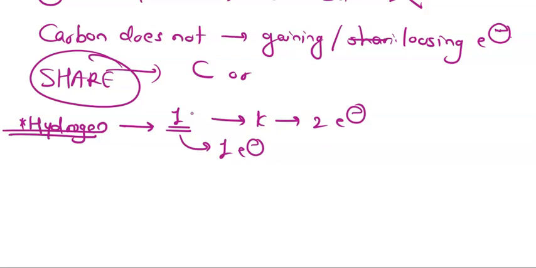So two hydrogen atoms share the electron to form a molecule of hydrogen, and this allows each hydrogen to attain the electronic configuration of the nearest noble gas, that is helium, which has 2 electrons in its K shell.